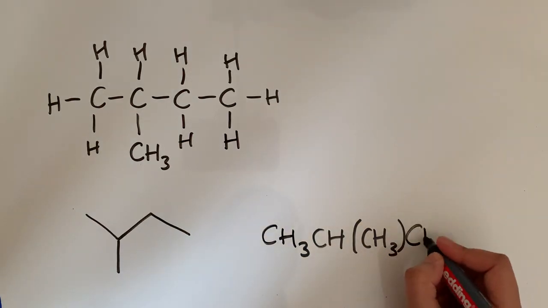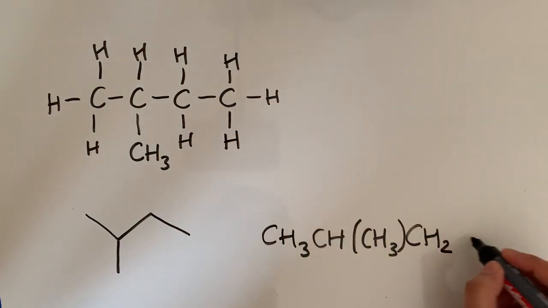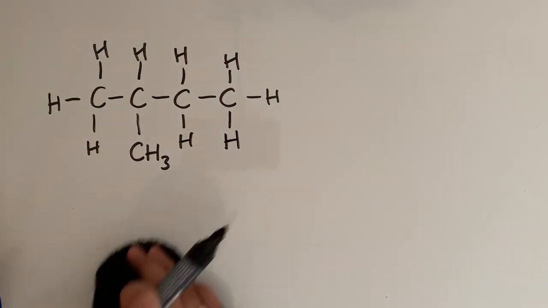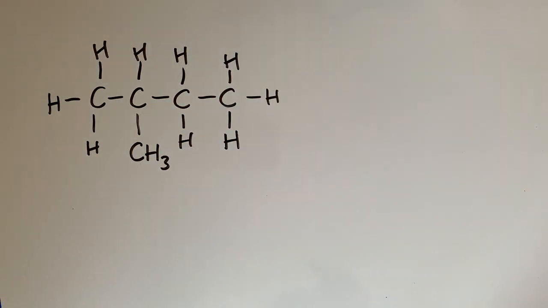Next one we have is CH2, and the last one we have CH3. So this here is the structural formula of this molecule. Right, let's now have a look at how we're going to name this, because you need to be able to write the name of these, or from the name be able to draw the structure.